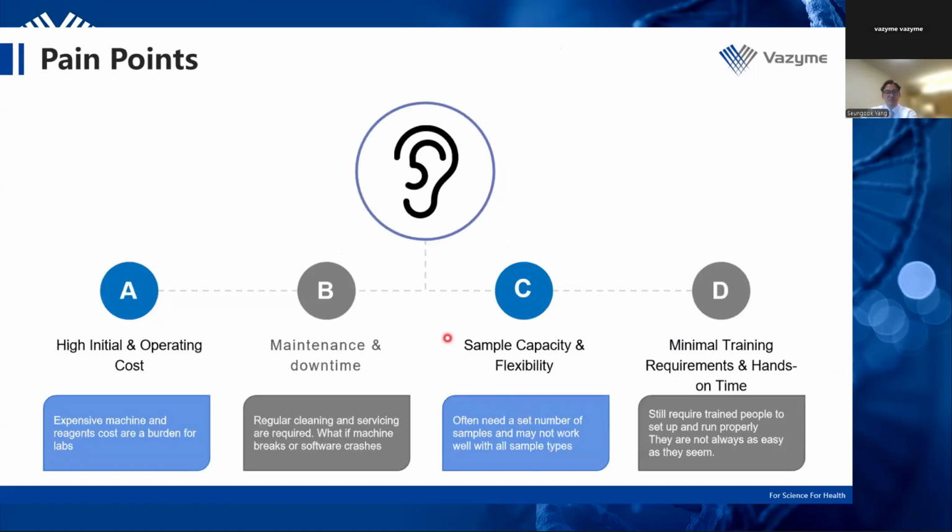So when choosing an automatic nucleic acid extractor, users oftentimes face key challenges, and these are the pain points that we aim to solve. First, users work with diverse sample types, but switching protocols each time is frustrating and can be very inefficient.